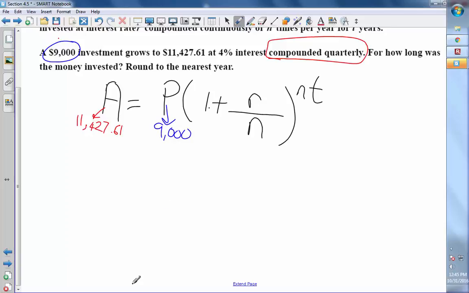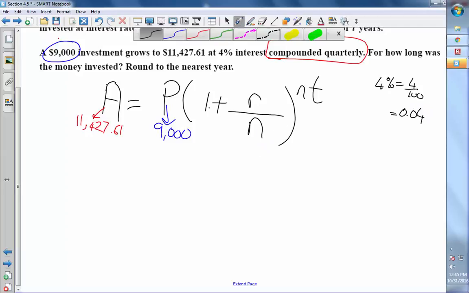Okay, what else do we know? We know R, right? What is R? 0.04. Yes, it's not 4. It's 4%. 4% means 4 over 100. That's 0.04. That's what we're going to enter here. The rate is 0.04. What else do we know? Do we know N? N is the number of times you get interest in 1 year.